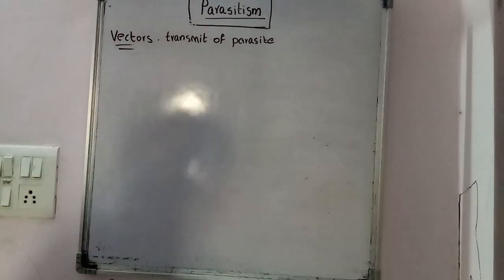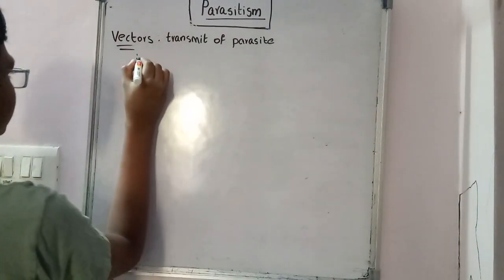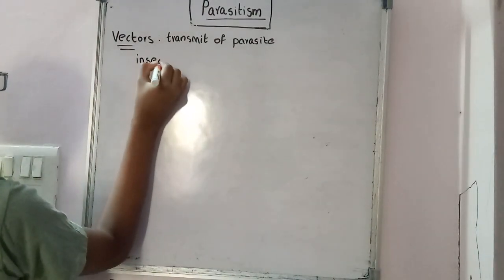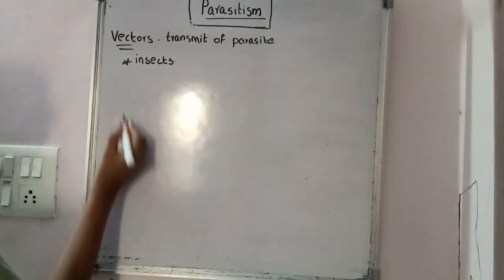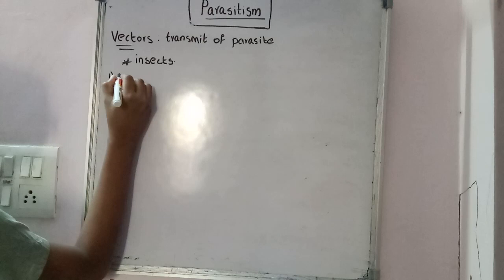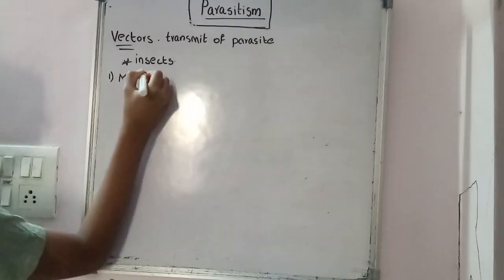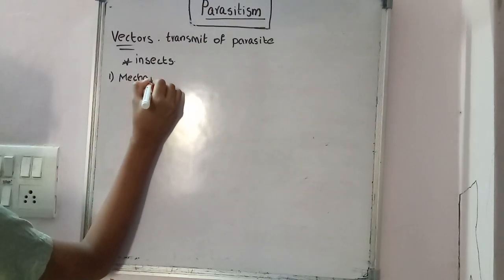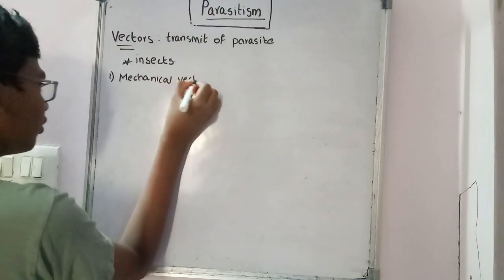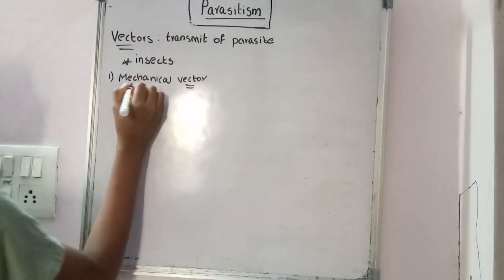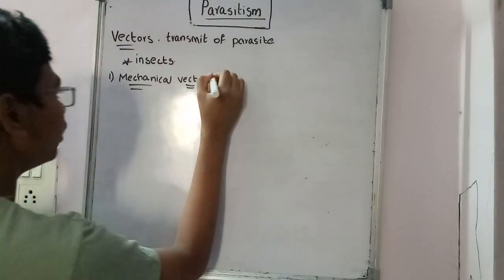Generally, insects are vectors, insects like mosquitoes and houseflies. These have two types. The first one is the mechanical vector. Simply, you can say a mechanical vector means no development.